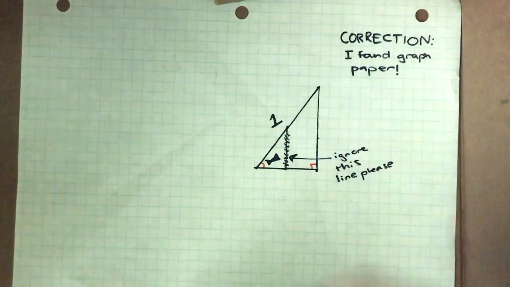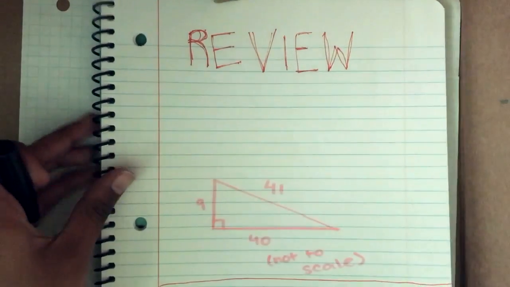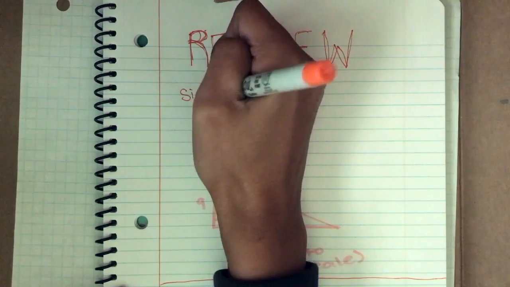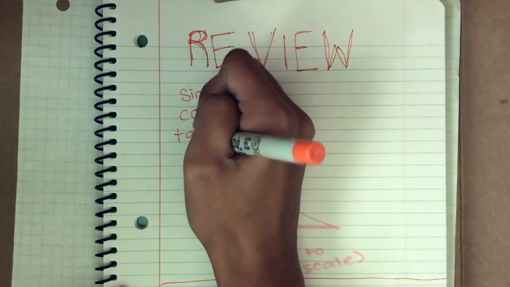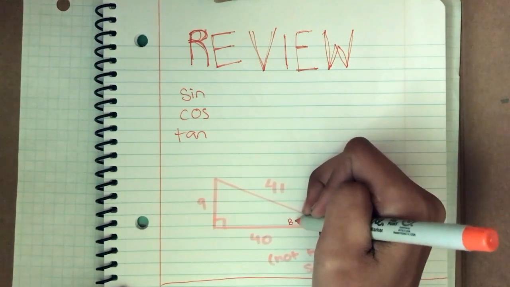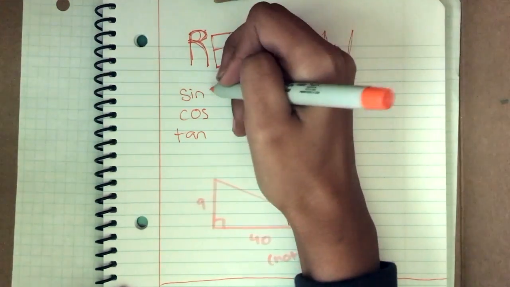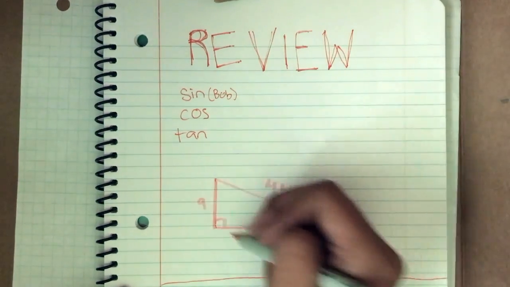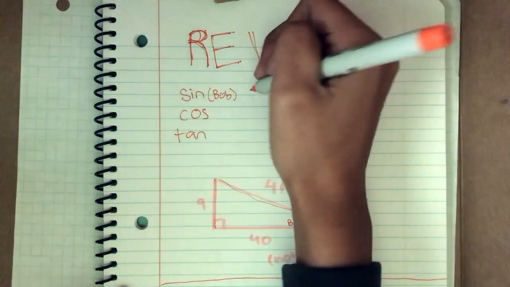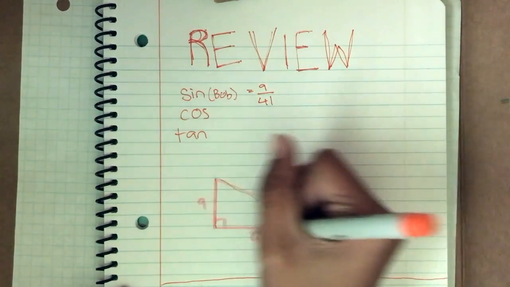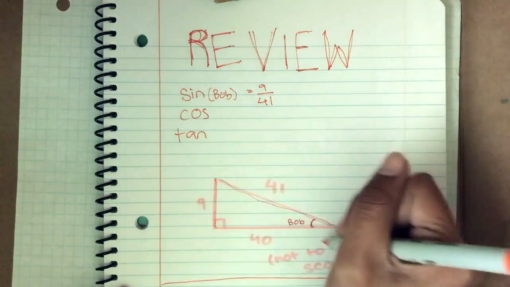Just as a quick review, we have 3 functions: sine, cosine, and tangent. Taking an angle, not the right angle, but another angle in a right triangle, which we can call Bob, we can find the sine of Bob by finding the ratio of the opposite side, in this case 9, over the hypotenuse of 41. The cosine of Bob is the side next to Bob, the adjacent side of 40 over the hypotenuse of 41.